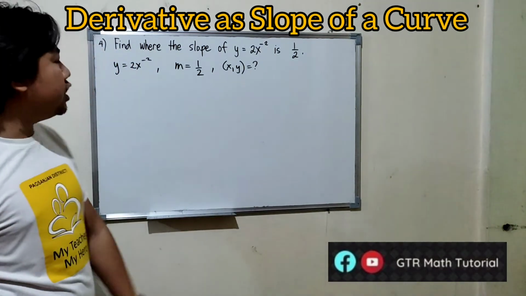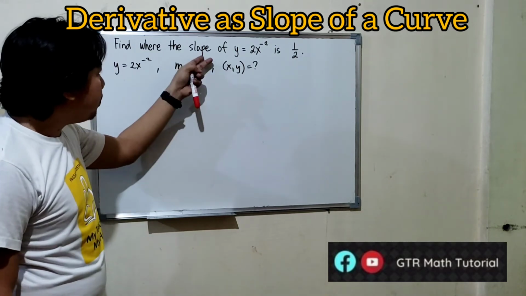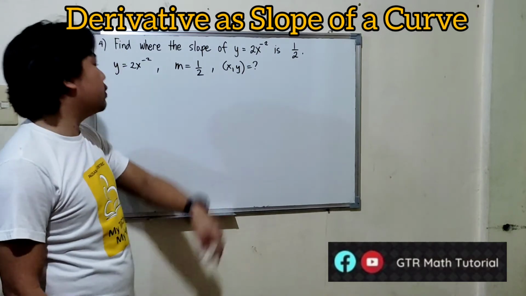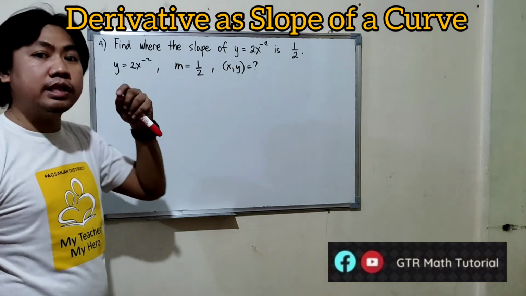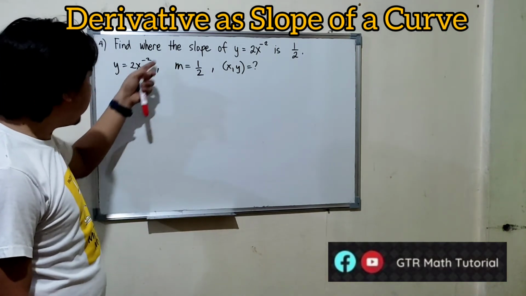Using the definition, the slope is equal to the derivative at the point of tangency (x, y). So get the derivative of y equals 2x raised to negative 2. Use the power rule: we have a constant and then a power, so x raised to negative 2.